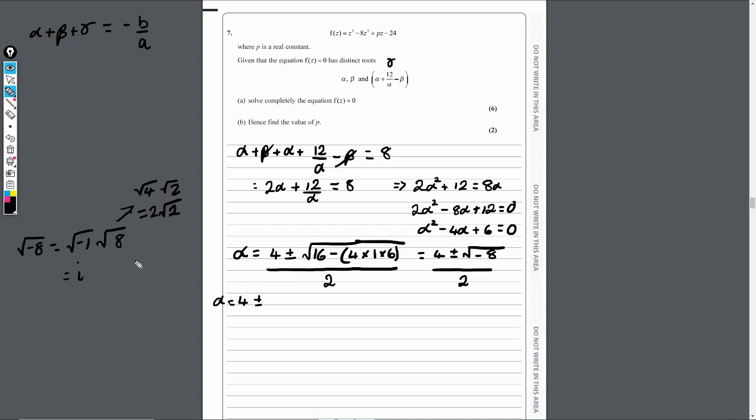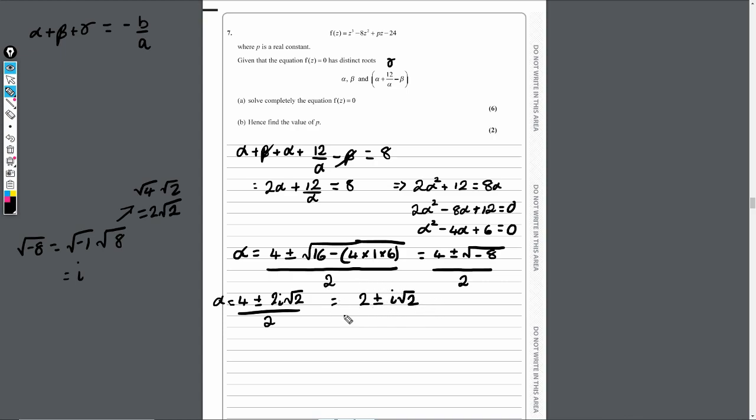So this would be 2i root 2. Now this is divided by 2, and we can divide each term by 2. So this is equal to 2 plus or minus i root 2. That really wasn't that complicated, not sure why I tripped up there. So 2 plus or minus i root 2.